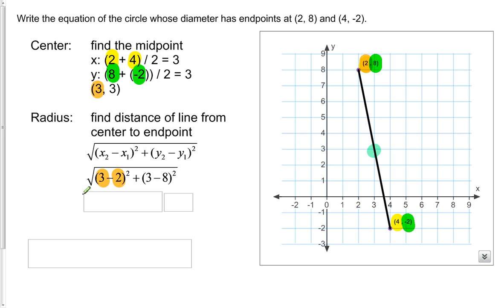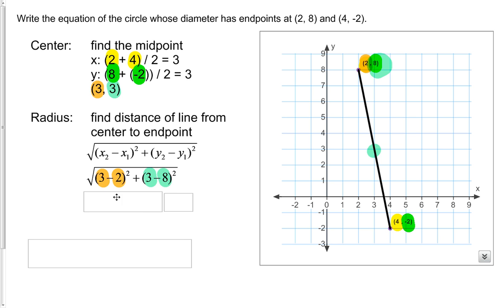I happen to like positive numbers because they're easier to work with. So we had this 3 here and a 2 here, subtracted them, the difference is going to be 1. We have this 3 here taken from our midpoint, and we have this 8 taken from the other coordinate up here. The color isn't going to show quite as well, but we have the y-coordinate here of 8.